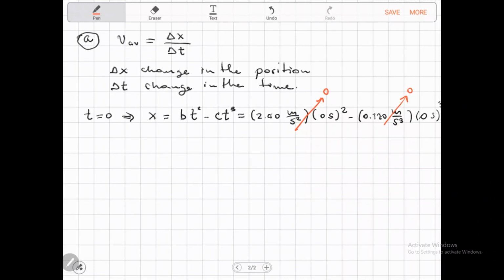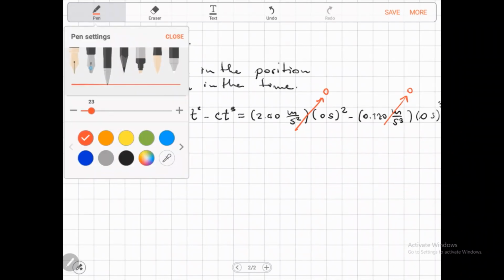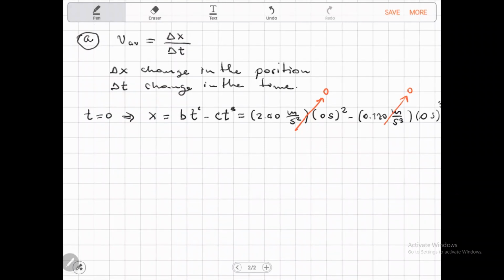That means that x when t is equal to 0 is equal to 0. And that's the position when t is equal to 0. We have to keep this result because we are going to use it in a little bit. What we do now is evaluate the position when t is equal to 10.